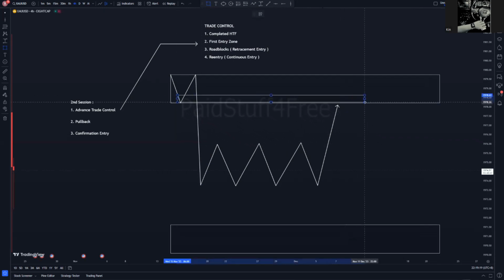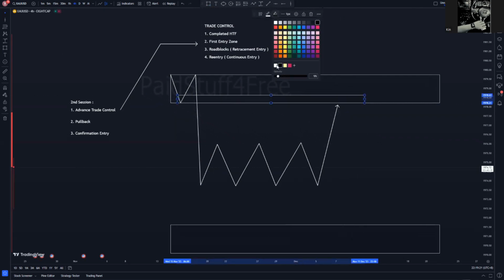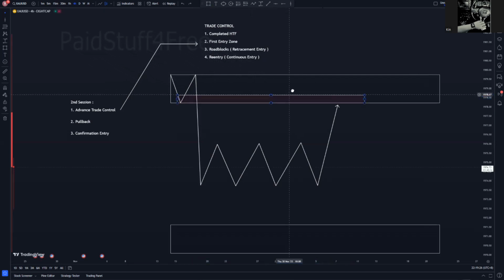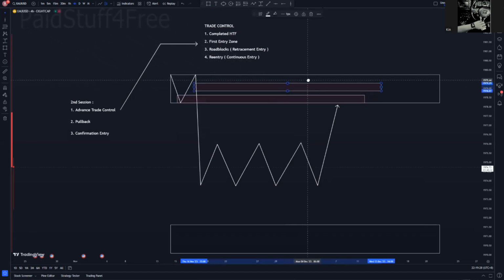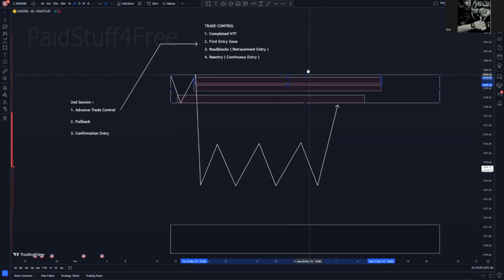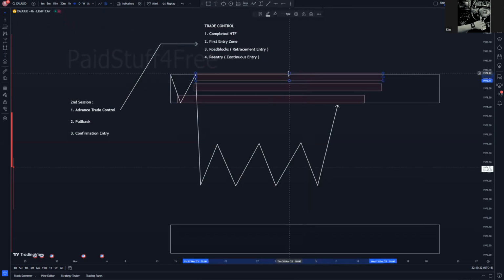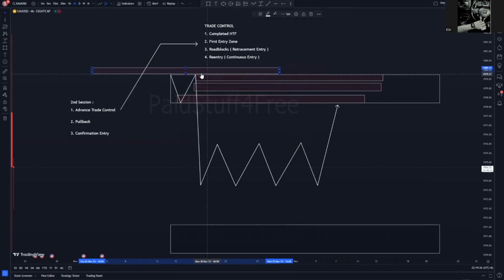The first one, first entry zone. The second one, the first entry zone, the third one, the first entry zone, and maybe we have the fourth one, the first entry zone.